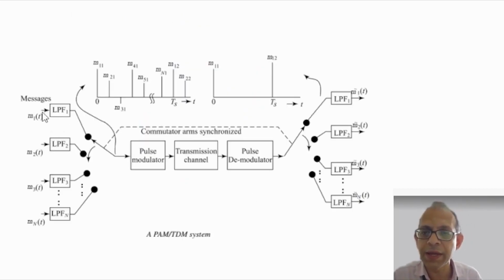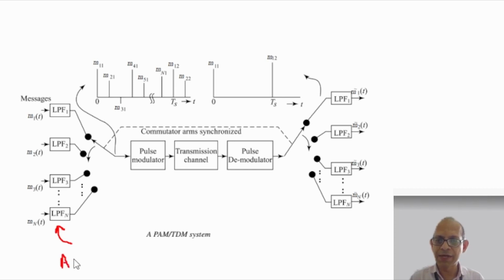In general, we can multiplex samples from n different continuous time message signals. So there are n message signals designated as M1(t), M2(t), M3(t) up to MN(t). They are first band limited through low pass filters so that the sampling theorem can be followed and no aliasing occurs, and that is the reason why these low pass filters are called anti-aliasing filters.